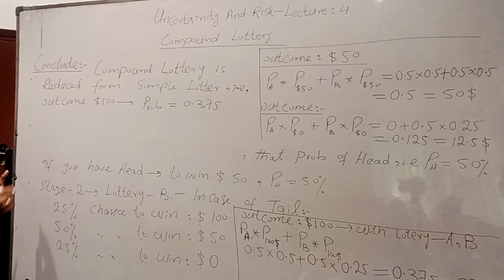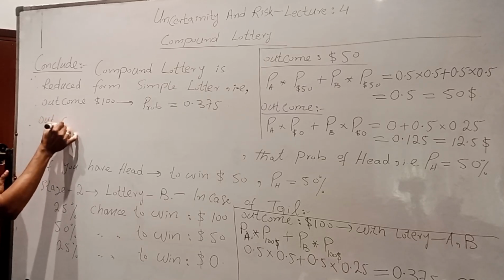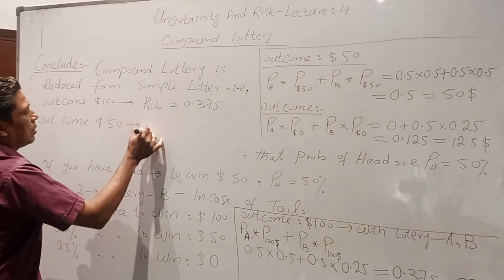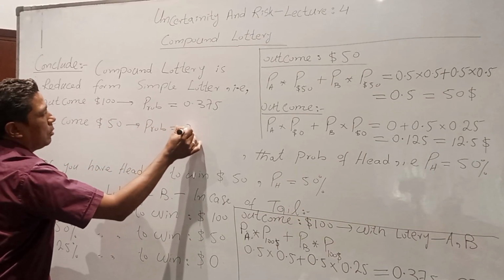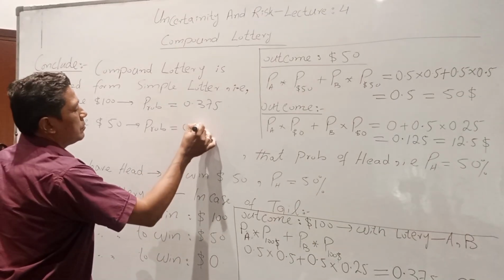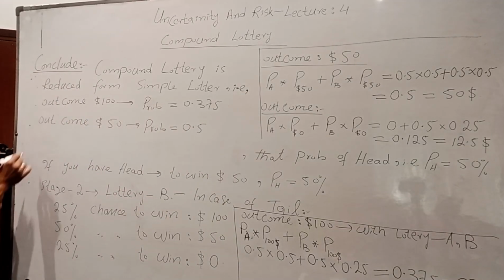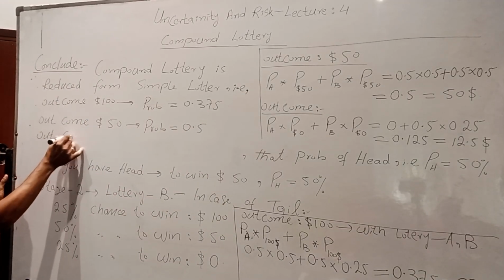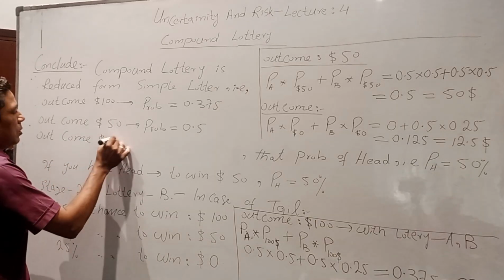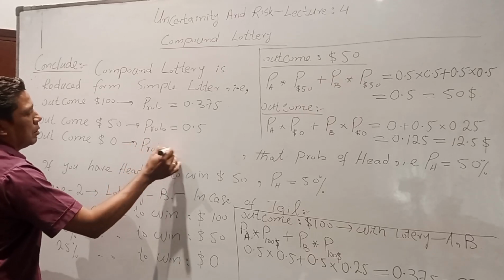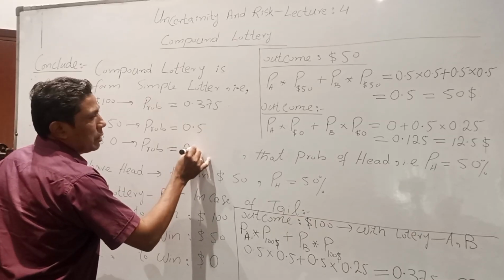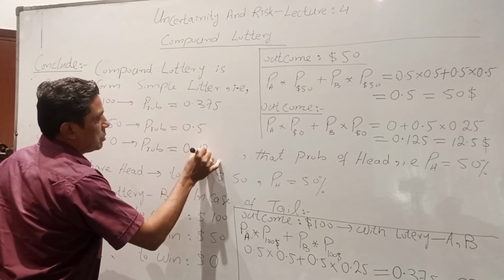Clear? And outcome $50, probability equal to 0.5. And similarly outcome $0, probability 0.125.